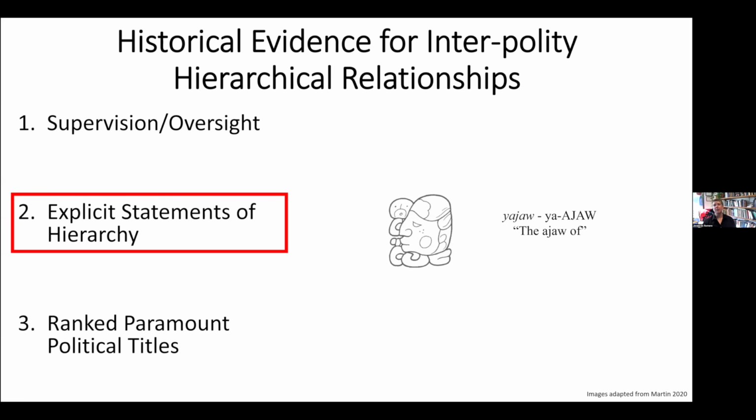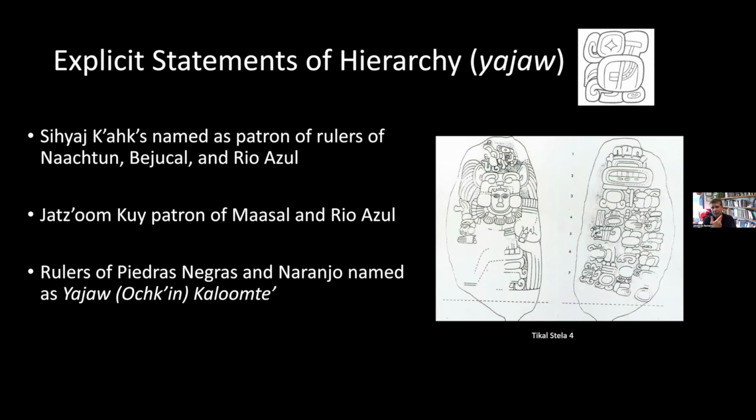We have many of these with Kalakmul. So we see a large number of kingdoms where their rulers are being described as the ajaw of a foreign king. And again, the origin of this is the Teotihuacan entrada.